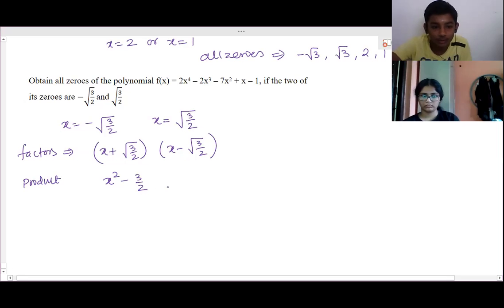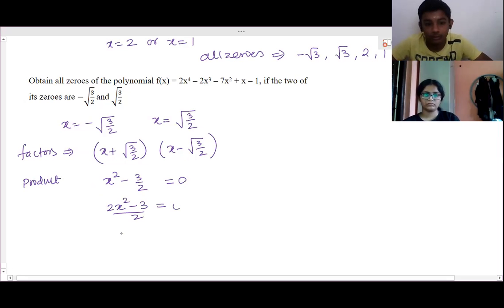Now in this case, to make it easier, equate it to 0 and simplify. x square minus 3 by 2 equal to 0. 2x square minus 3 is equal to 0. So you will get the polynomial as 2x square minus 3.